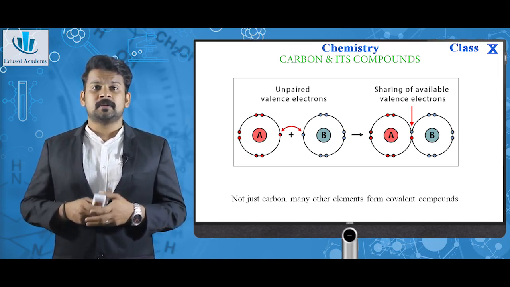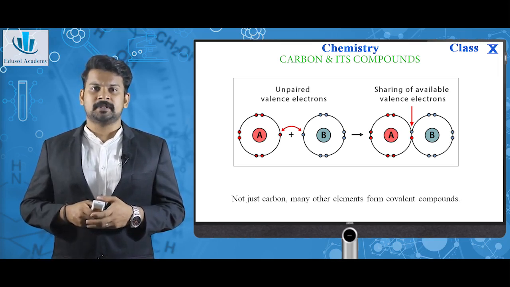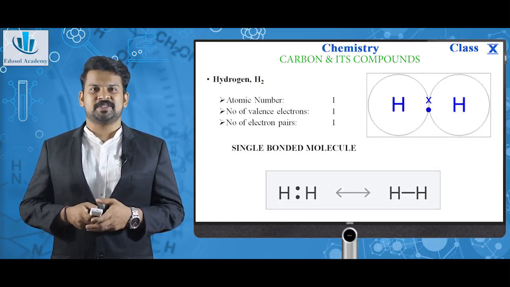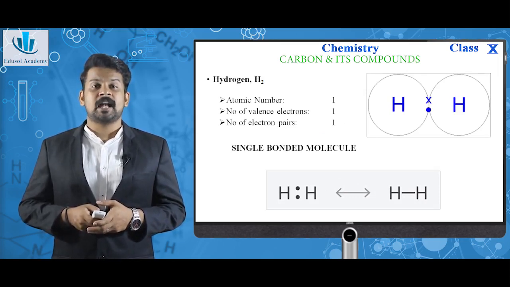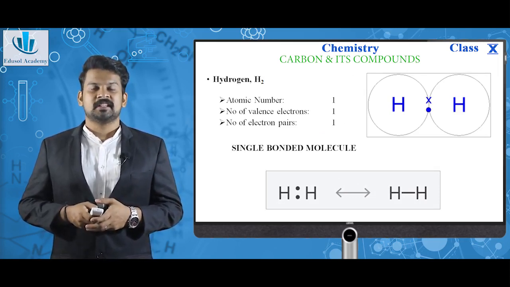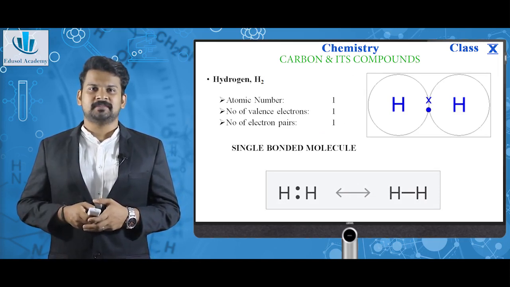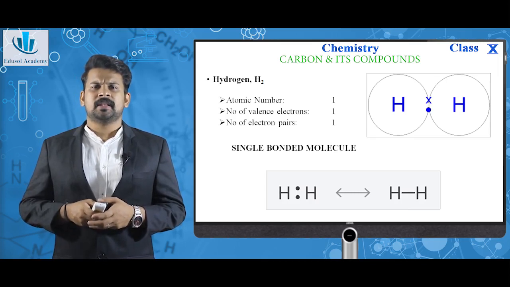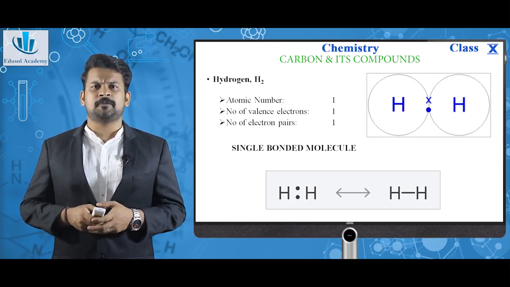Now let's look at different molecules which are formed by covalent bonding. The simplest one is hydrogen. As you all know, the atomic number of hydrogen is 1, number of valence electrons 1. The outermost configuration which hydrogen needs to fulfill is to have 2 electrons.